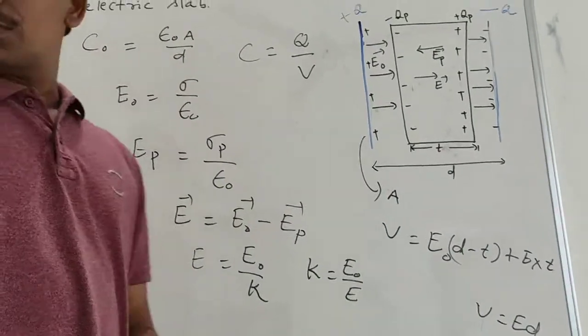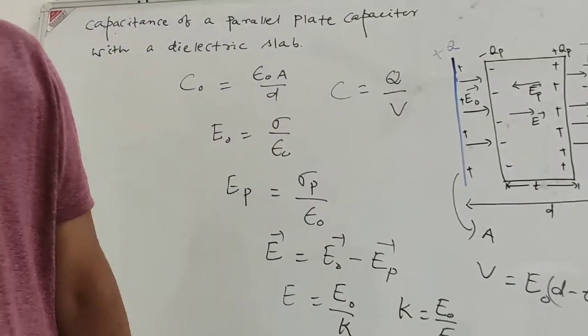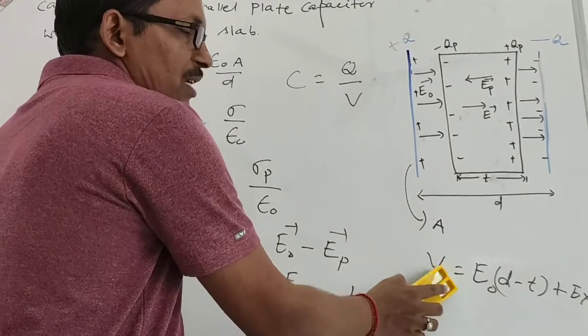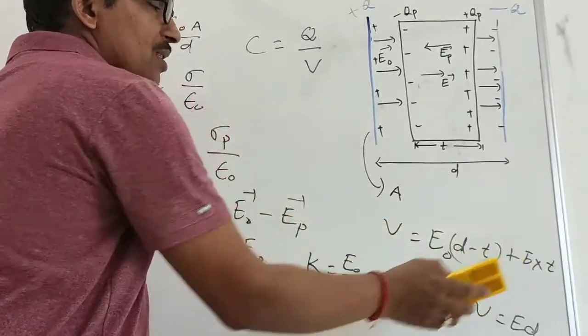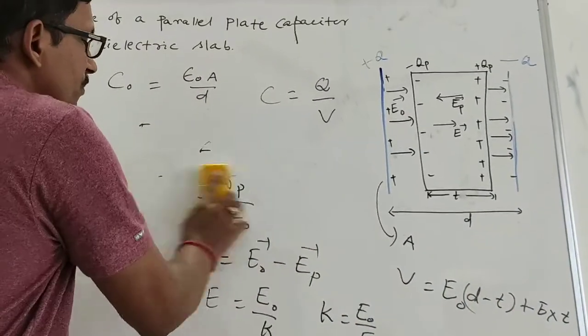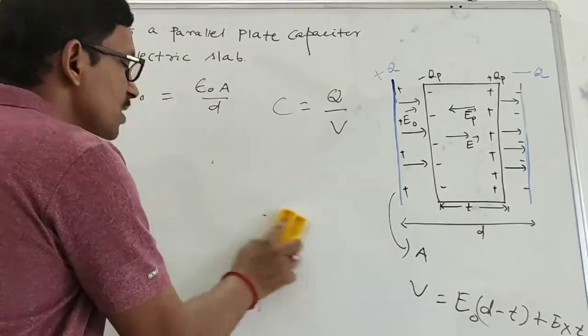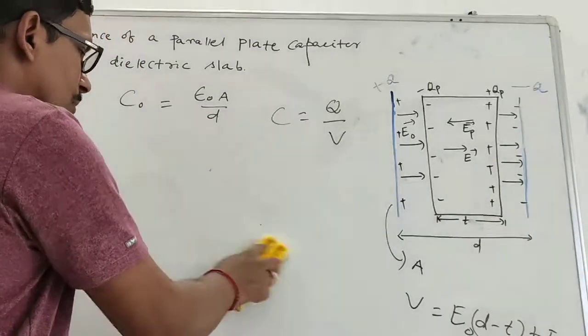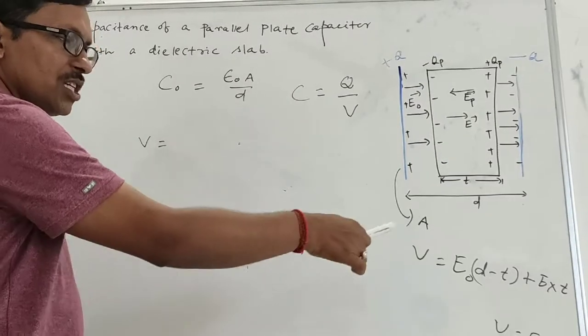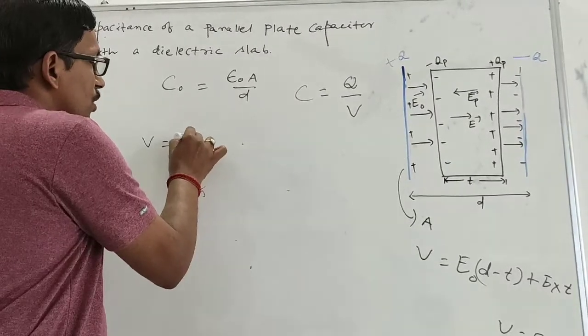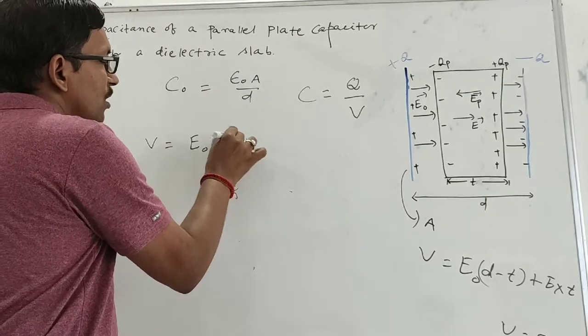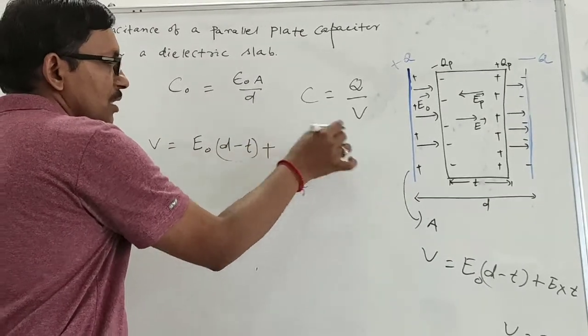This formula we have used here. So V is equal to E0 into D minus T plus E into T.